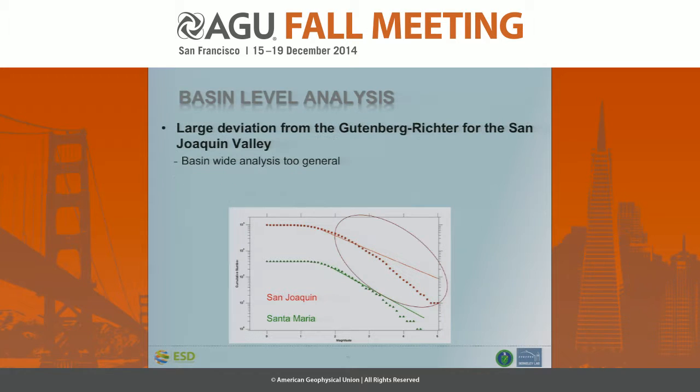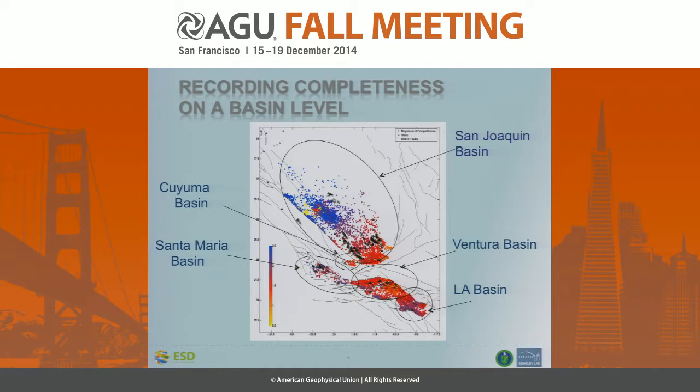What we can see here for the San Joaquin Valley is a huge discrepancy, and what we find is if you just take the whole basin, it's much too general. So what we did then was do it on a much smaller scale, basin by basin. For those of you who are not familiar with Southern California, this is the San Joaquin Basin.